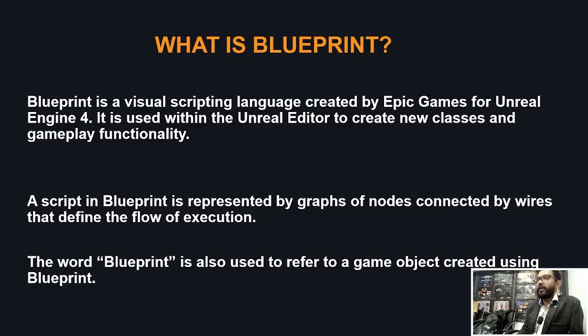It's very familiar to you because the graphs and nodes are similar to the material nodes, and you can relate some nodes and functions with Maya's Hypershade. So it will be easy for artists because there is no need to write scripts again and again.